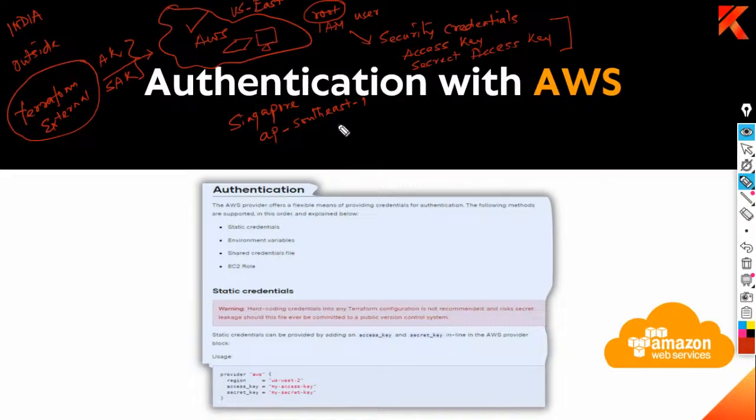So are you fine? Authentication is the first step. Some external agency or agent cannot work directly on AWS unless you have the correct credentials. Is that okay? How to do that, I will also demonstrate.